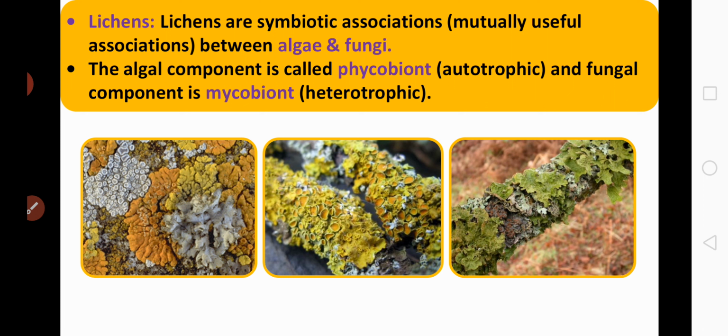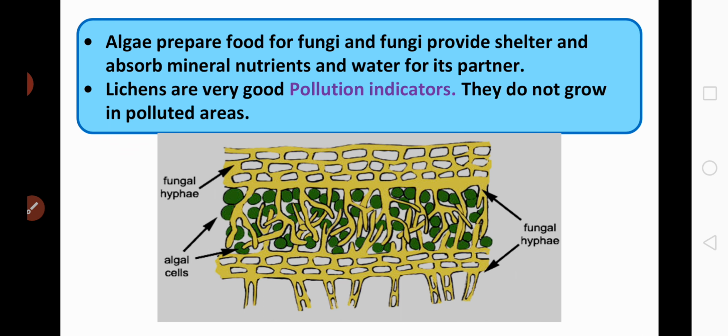So these are the images of different types of lichens. Algae in the lichen prepare food for the fungi, whereas fungi provide shelter and absorb mineral nutrients and water for its partner, that means for the algae.